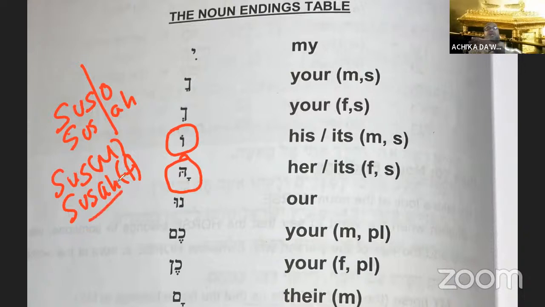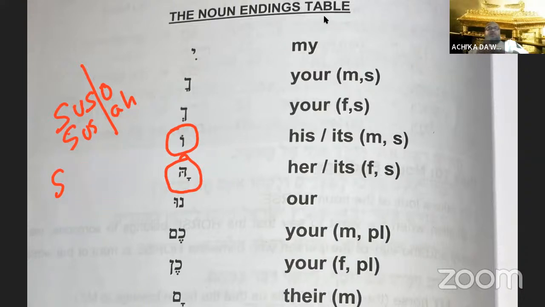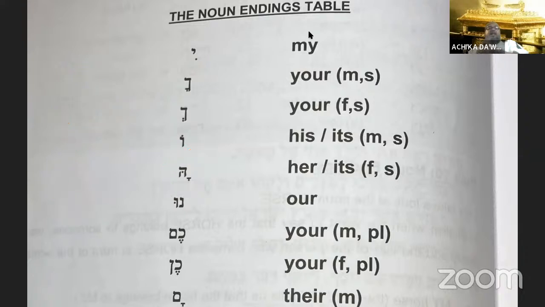So a Susa, she can be written with a Sus like this, and then she would have a hey on the end with an ah underneath like that, right? That's a female horse. But there's something different about this particular Susa. This Susa right here has something inside of it. It has a dot. Because it has a dot, it's letting you know it's her horse.